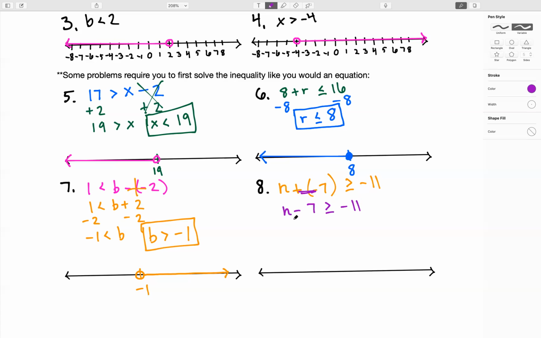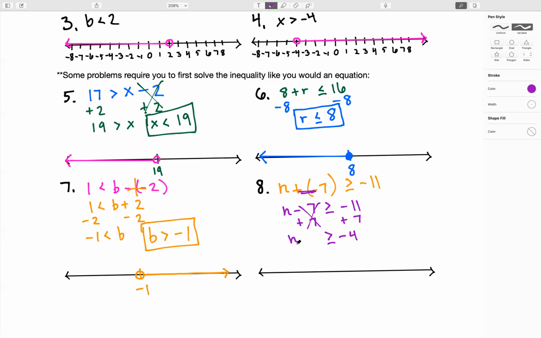All right, next step. I want to get this -7 off of the left side. So I'll add it just like I'm solving an equation. But this is an inequality. So we get n, that goes away, is greater than or equal to a negative, oh gosh, I'm blanking right now, -4.